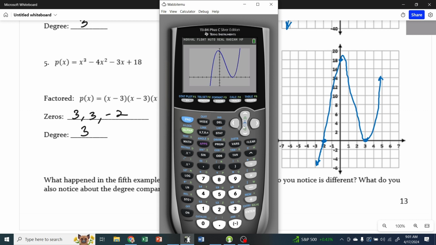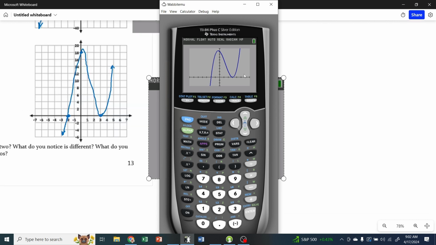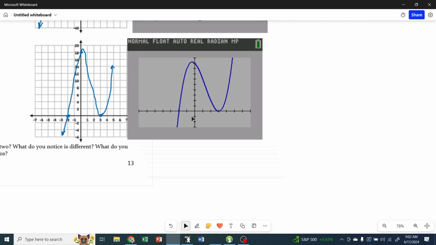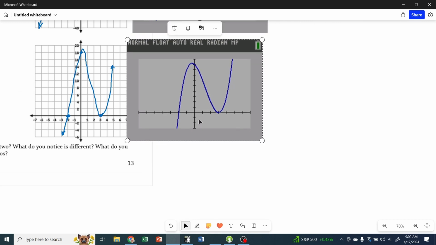Okay, so this graph, I'm off a little bit, right? But you can see here we've got a fairly close drawing with behavior. This graph here should have come through here and then up and then down.